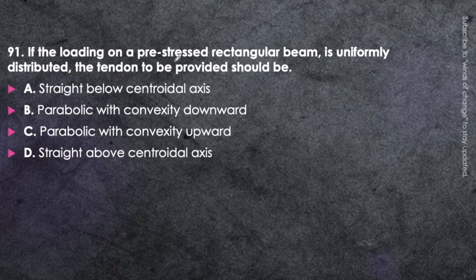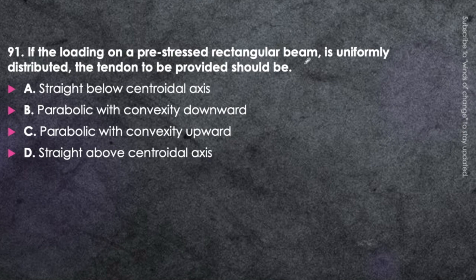If the loading on the pre-stressed rectangular beam is uniformly distributed, the tendon to be provided should be straight below the centroidal axis, parabolic with convexity downward, parabolic with convexity upward, or straight above the centroidal axis. Just think about it. Here we are talking about the pre-stressed rectangular beam.